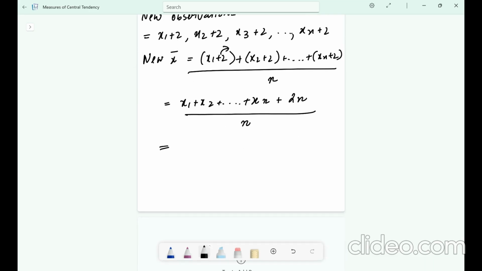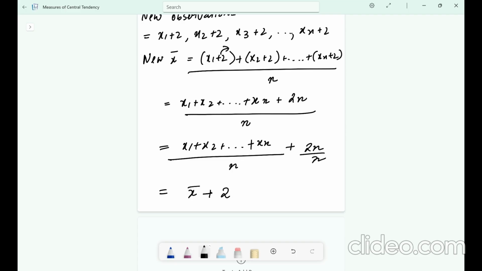Further, x1 plus x2 and so on till xn by n, plus 2n by n. You can understand where it is going: x bar plus 2. Hence, we proved it.